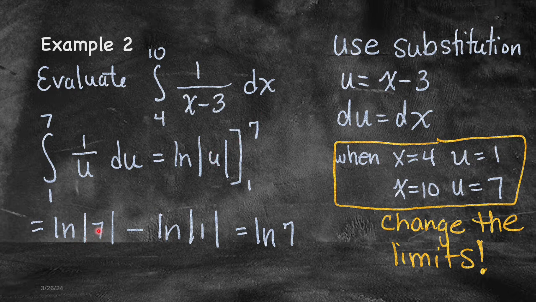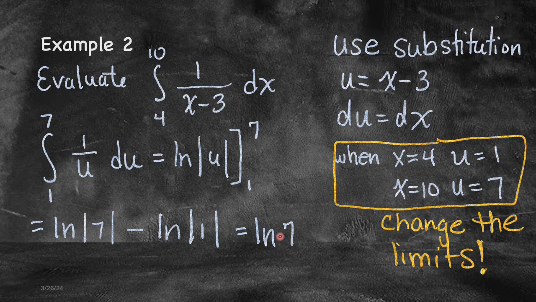And at this point, since we're using positive numbers plugging in here, you don't need to put the absolute values. You can remove them. So we're going to find the natural log of 7, and then we're going to evaluate it at the lower limit. So we're going to subtract the natural log of 1. Now the natural log of 1 is equal to 0.